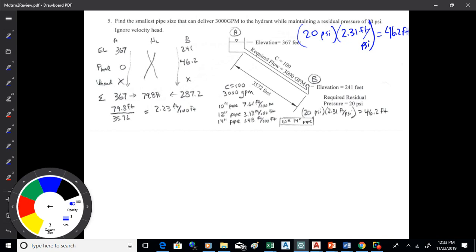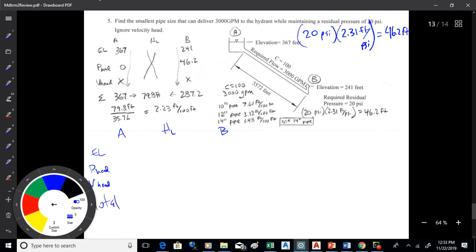All right, now the next thing to do is look at what's happening on either end of this system. We'll call them the reservoir A and the hydrant B, and we're going to look at the head loss that's going to happen in between. We've got elevation, pressure head, velocity head, which we're going to ignore, and then the total.